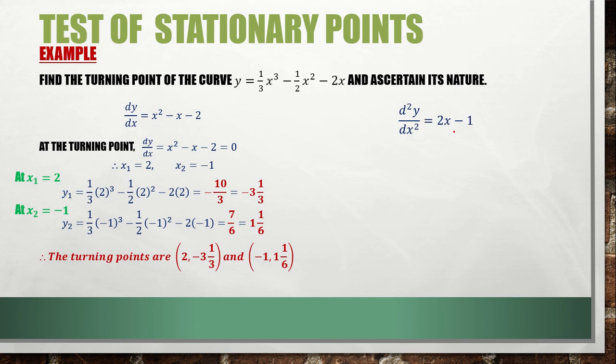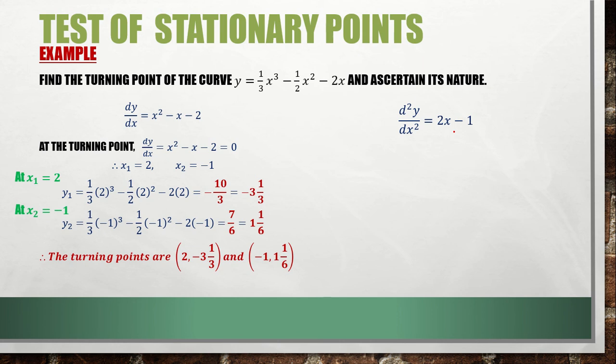Now, what about our second derivative? If you differentiate this one now, you'll notice that you have 2x minus 1. Now, here you cannot start bringing out the greater than or less than thing because you still have an unknown. So we have x.